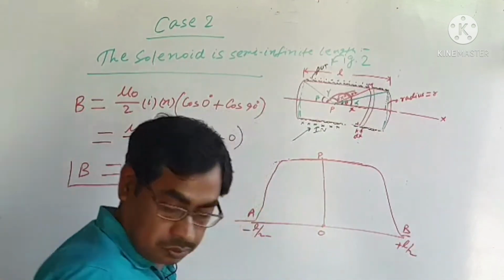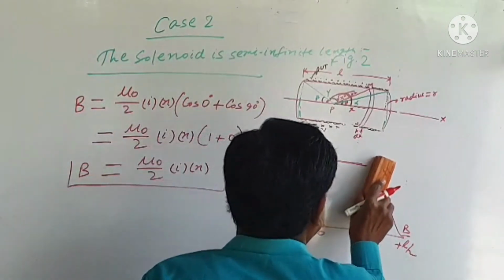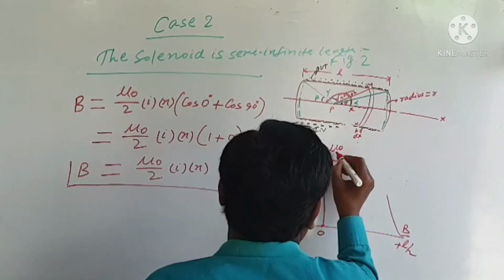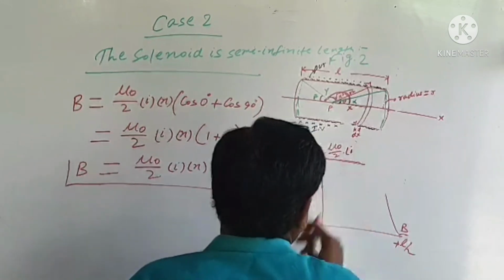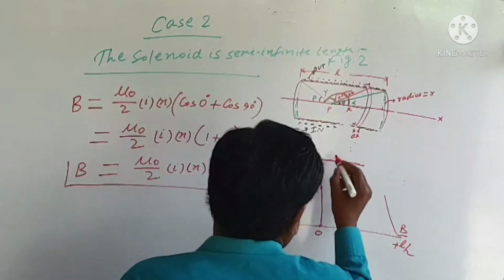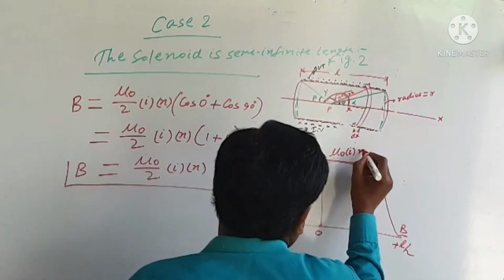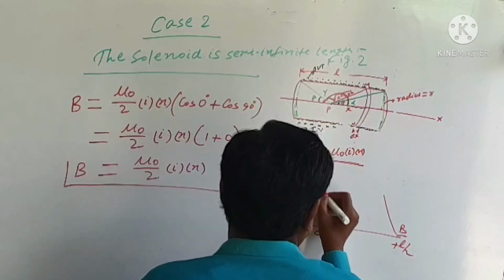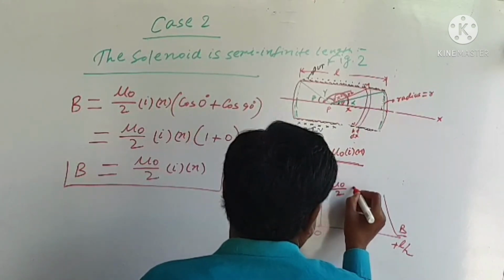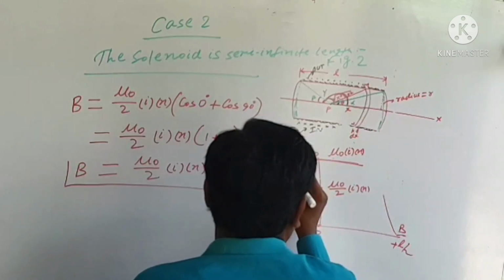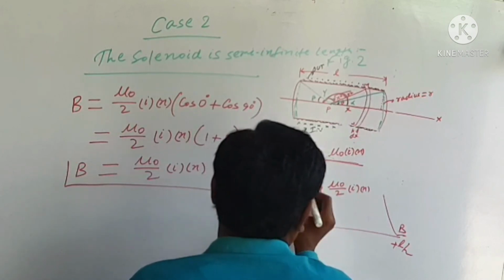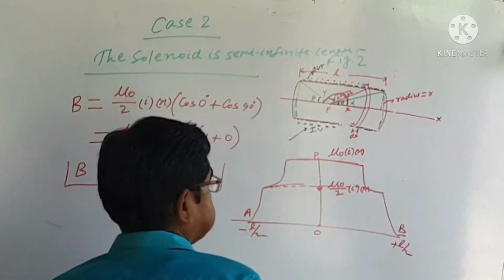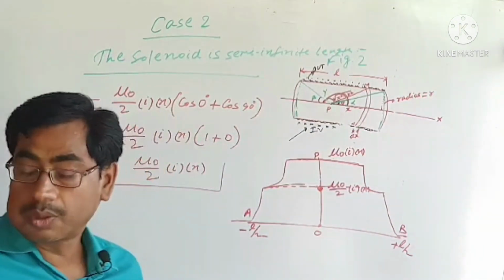So just the graph, just half. Here mu naught I n, and here just mu naught upon 2 I n. This is the required plotting.